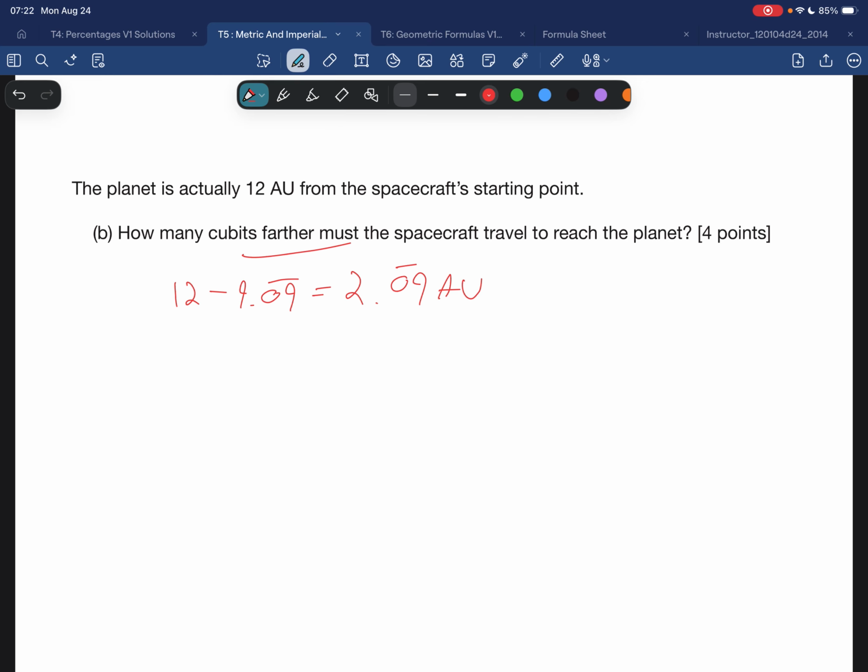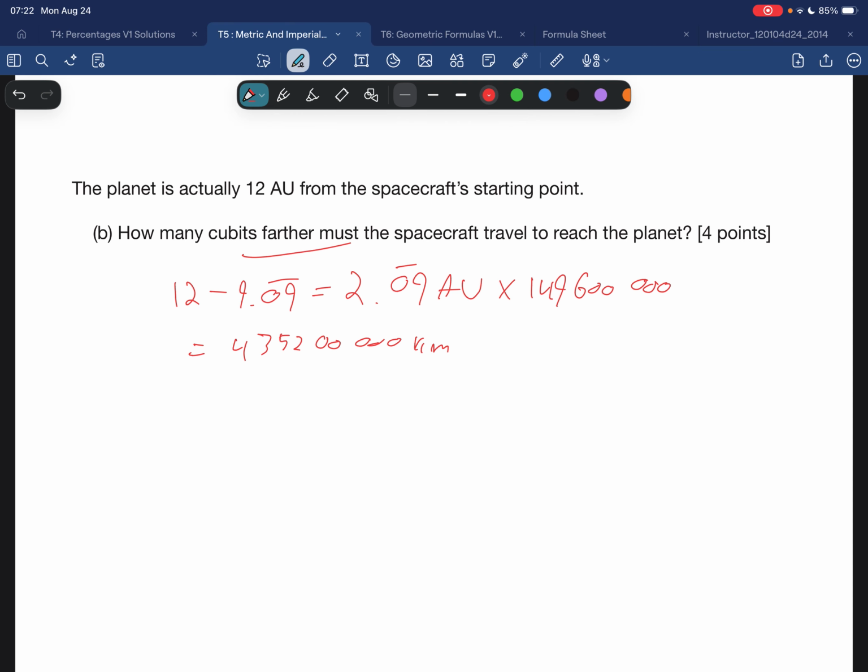So that is how many AU we have left to go, but we need to know how many cubits farther this is, so we are going to convert this back by multiplying by 149,600,000 kilometers to get 435,200,000 kilometers.